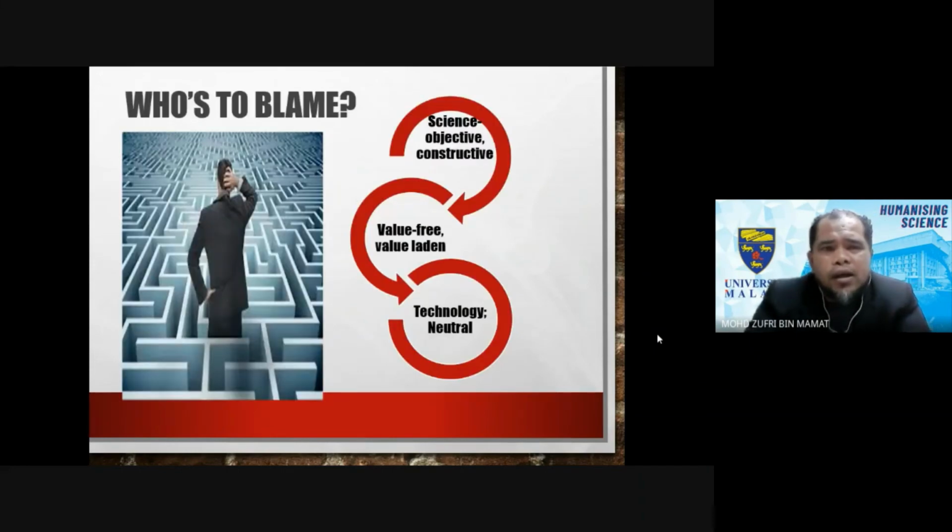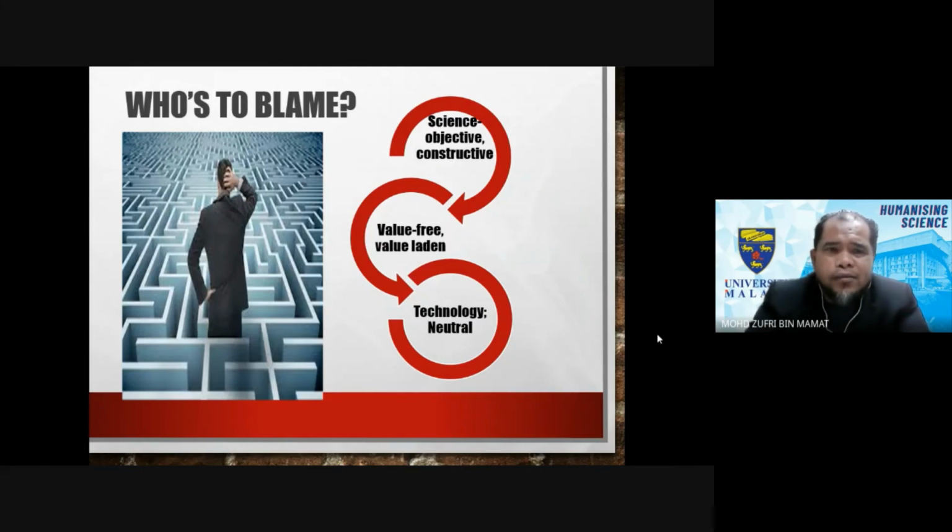So from the development of science and technology from ancient science to modern science, we can see the huge, very significant impact on modern society.